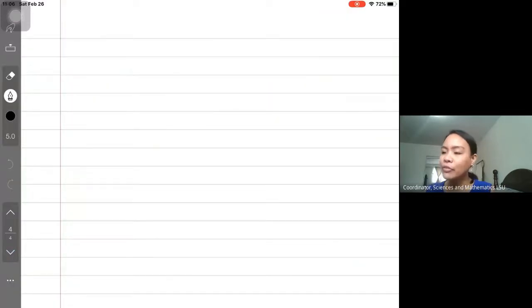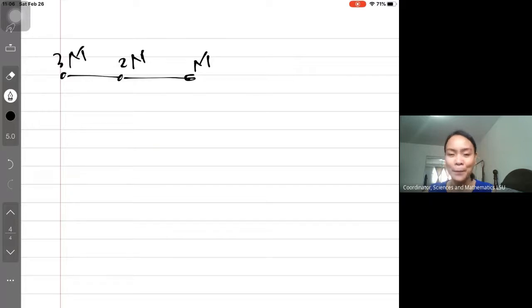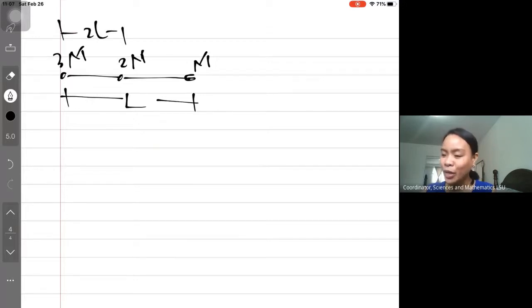So you have your three masses: one, two, three. This is m, this is 2m. Sorry, it is not drawn to scale. This is 3m, and the length of the rod is L. Sorry, L over 2 rather.